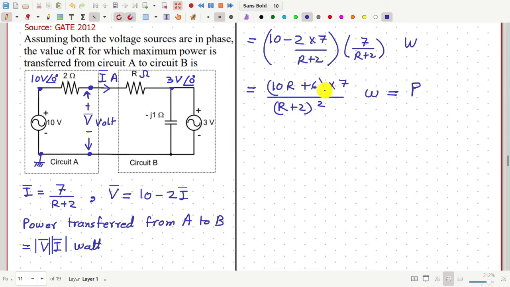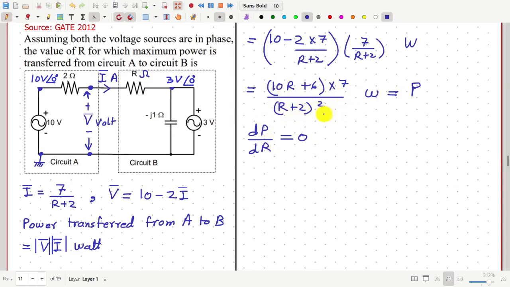Then to get the maximum value for this power, we can differentiate this expression of power and equate it to 0. So let us differentiate the power with respect to the variable R, and set that to 0 to get the maximum value of power.